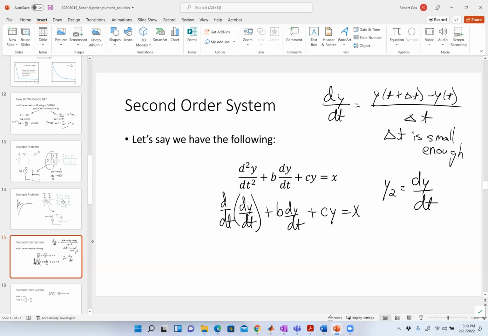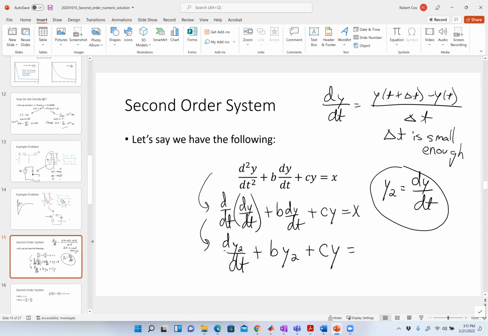All I did in going from the line above to the line below is break out that the second derivative is the first derivative of the first derivative. So if I make this definition, y2 is equal to dy by dt, then I can rewrite this and say it's dy2 by dt plus b times y2 plus c times y equals x.